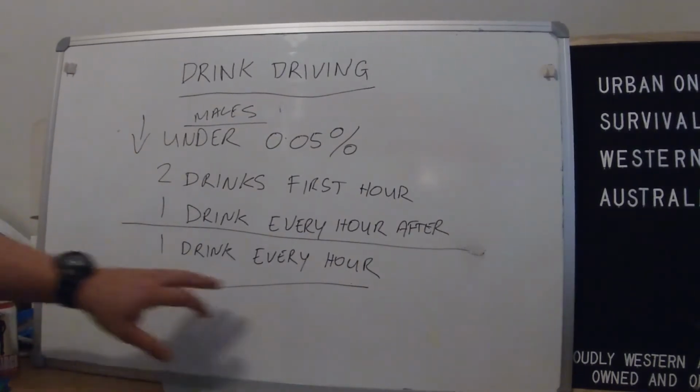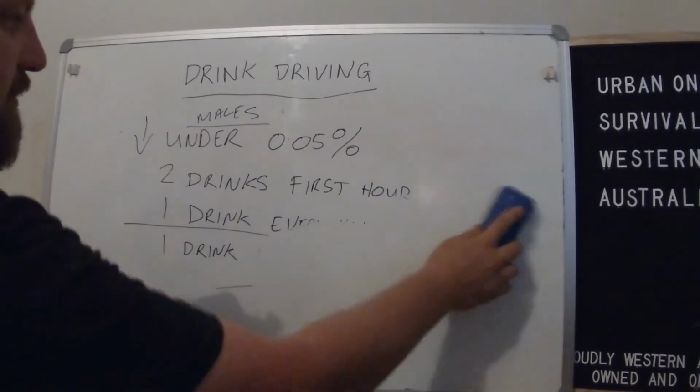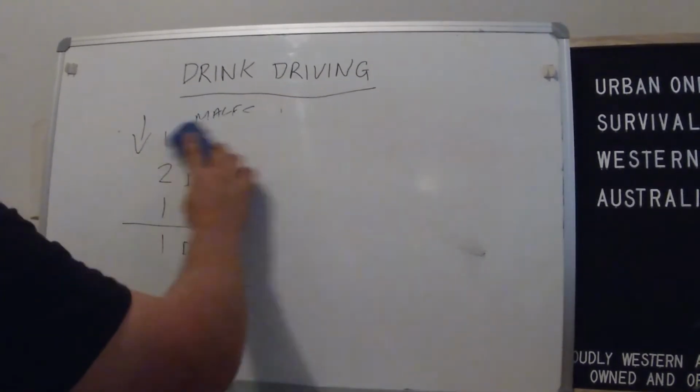Females, 1 drink every hour, or less. Theoretically, that will keep you under 0.05. The safest thing to do is to not drink drive. But people do that. That's okay. I think we've all done it at one time or another.